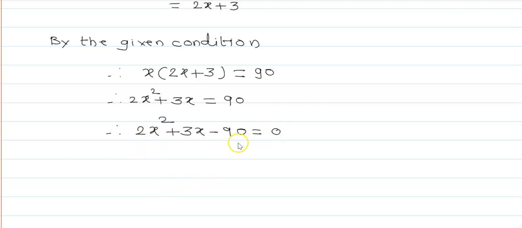Now the product of first and last is minus 180 x square. Again, we want to find out the two numbers such that whose difference is 3x and the product is 180.